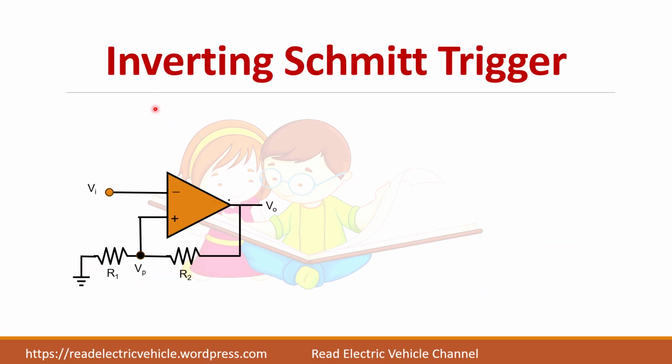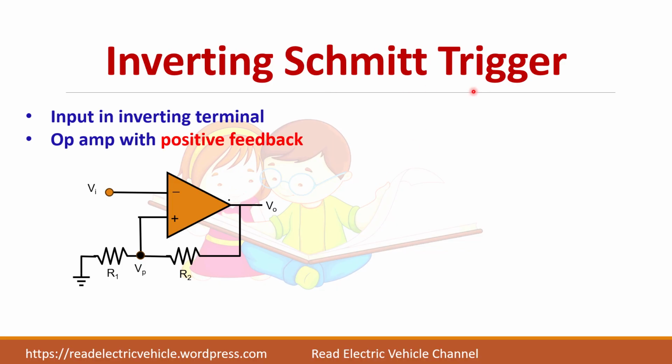Now we will see the circuit diagram of the inverting Schmitt trigger and how it works. Inverting means give the input to the inverting terminal. For the other terminal, what you should remember is that a Schmitt trigger always uses positive feedback. So it is an op-amp with positive feedback.